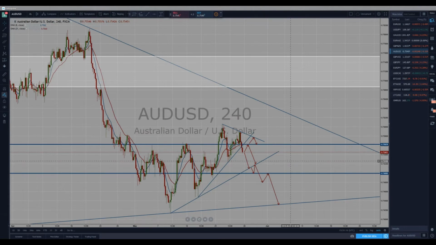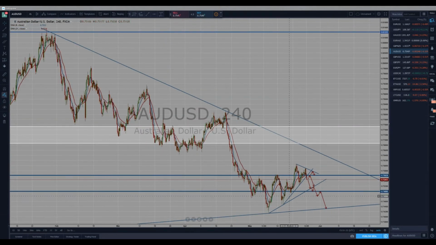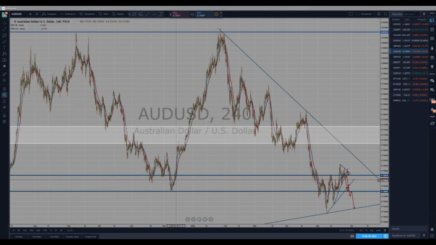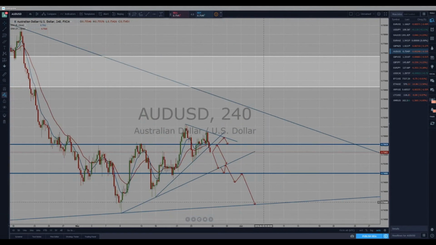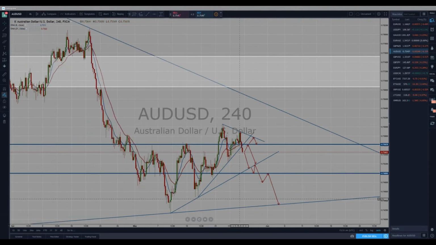So what we're looking for with AU this week is to see if we're going to get a retest of this previous market structure, or a retest of this minor trend line that's drawn. If not, then it will continue down to at least this trend line, and if it does break that, there is a horizontal line or a support and resistance level down here as well, which is based on a previous market structure to the left. And if that is broken, then we'll be looking for a retest of the weekly/daily trend line down here at the bottom.